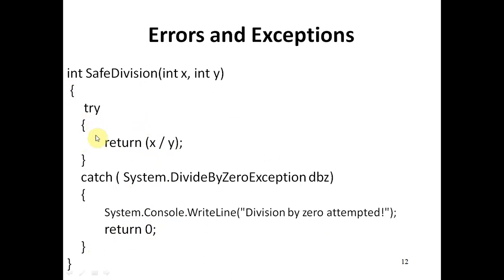Otherwise, if we are not giving exception handling here, then it will divide by 0 and the program will send the error, because divide by 0 is infinite. But using this try and catch block, try exception handling, we can get an alert of this error.